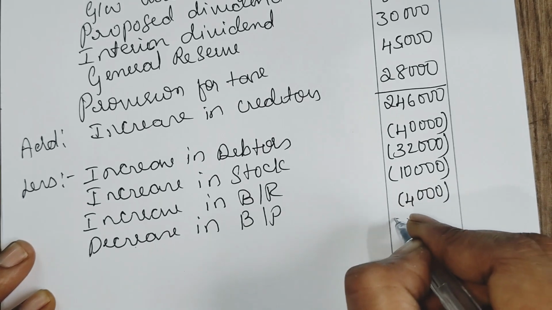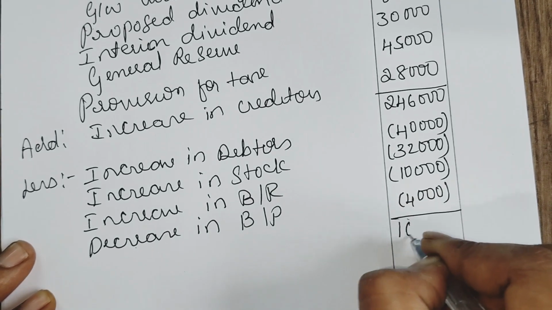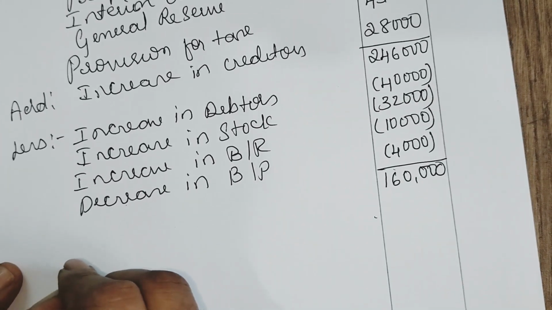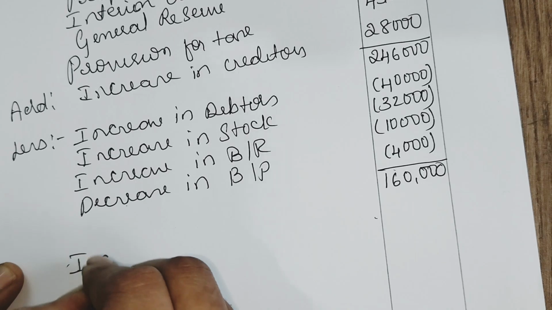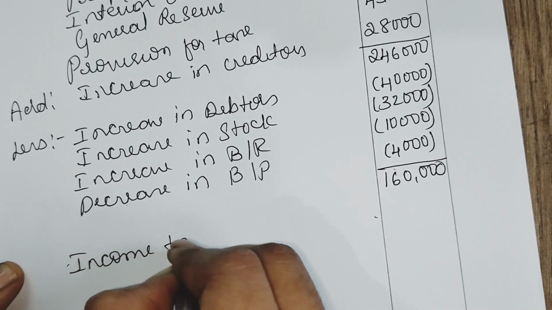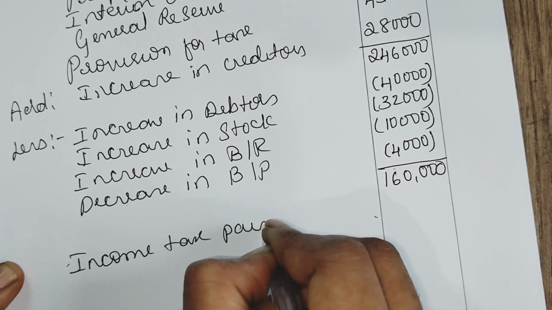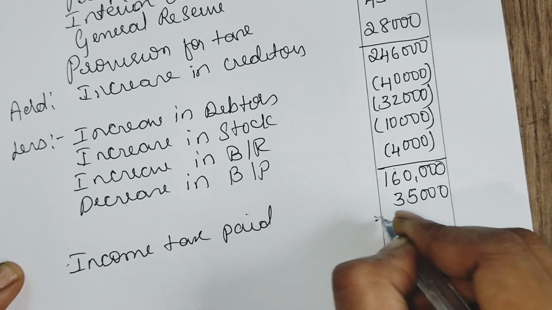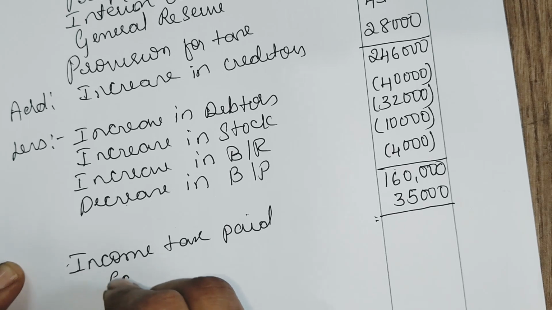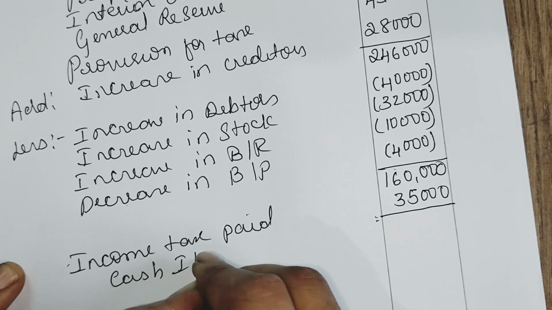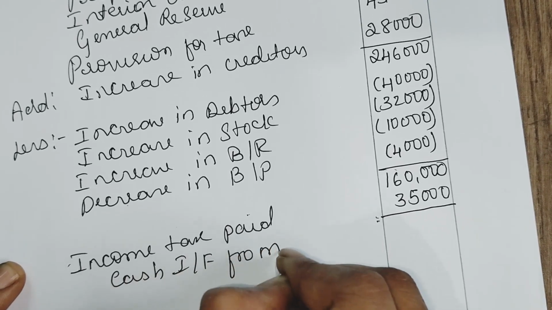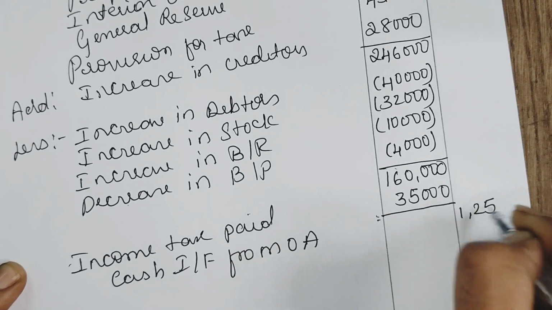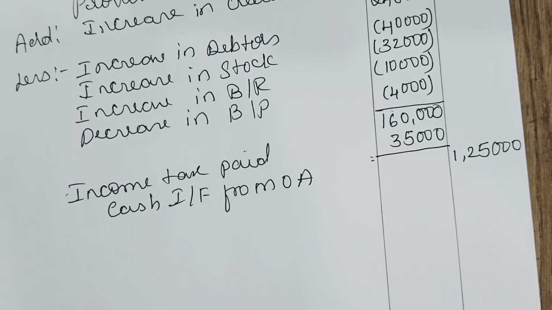If you minus, you will get 1,60,000. From this you need to deduct income tax paid. Given in the adjustment, income tax paid 35,000. Cash inflow from operating activities 1,25,000.